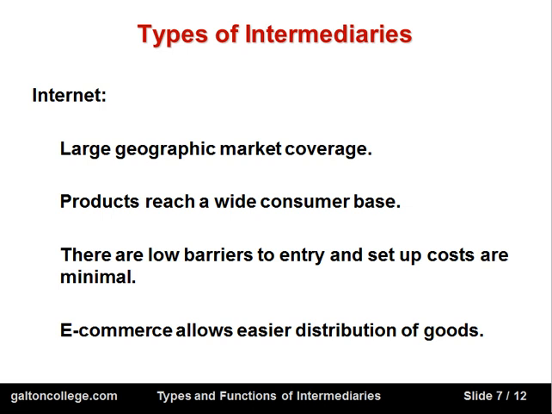There are low barriers to entry and setup costs are minimal. Well, for the enterprising, the barrier to entry is having an internet connection, which is not very expensive. But it's also having the expert knowledge. That could be a good barrier to entry. Having expert knowledge and contacts within the market so that they are able to act as brokers or as agents.